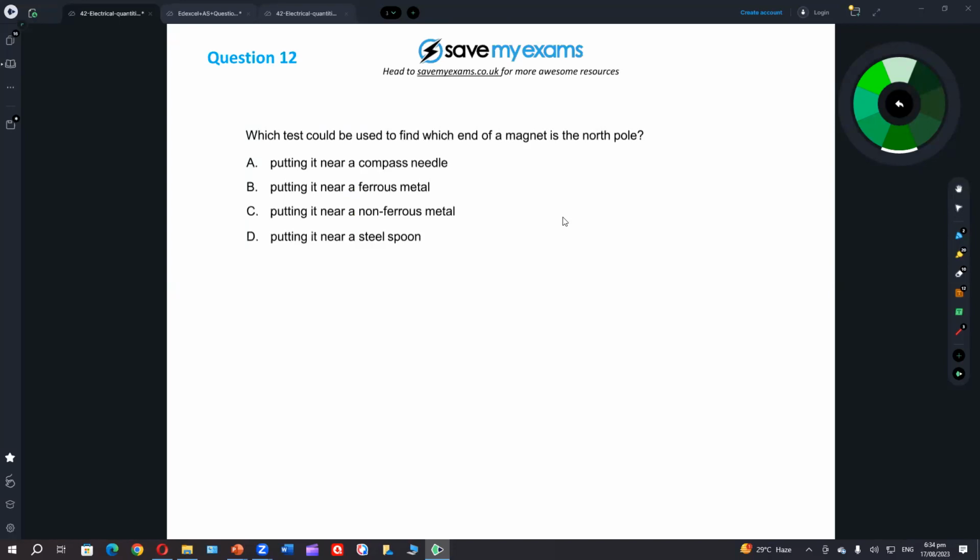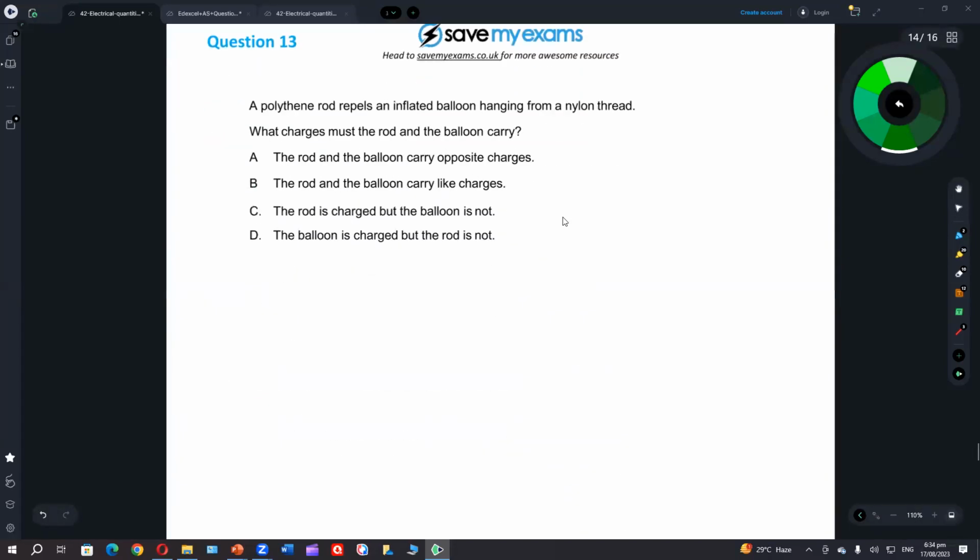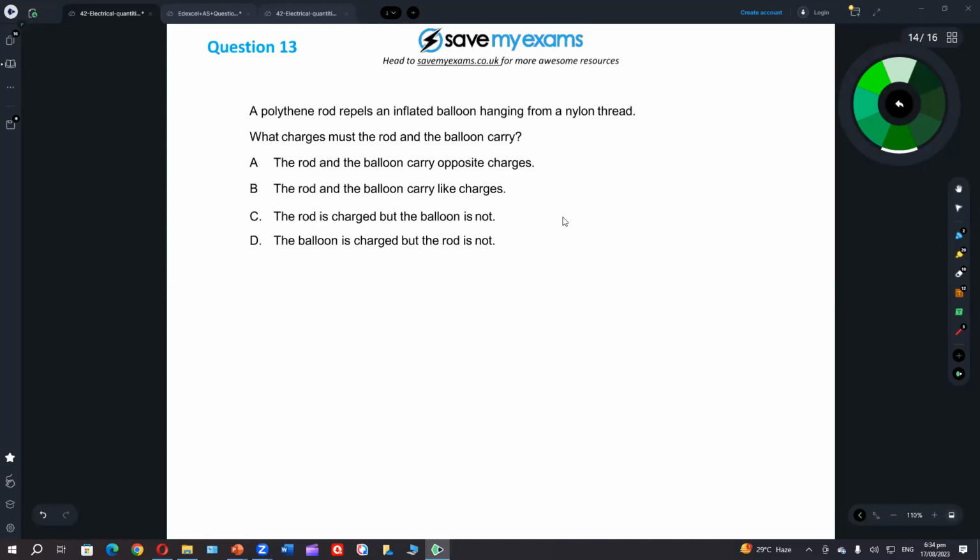We haven't done magnetism with Hamad, so I leave this question. A polythene rod repels an inflated balloon hanging from a nylon thread. What charges must the rod and the balloon carry? Repulsion. Repulsion means what? Look, repulsion means like charges. So it should be an easy question.